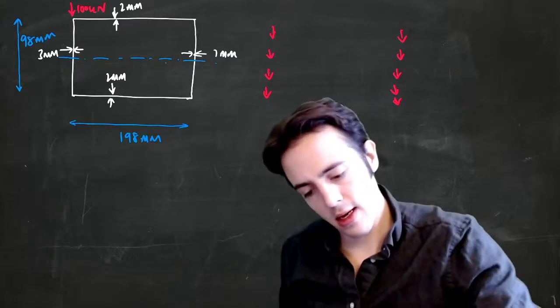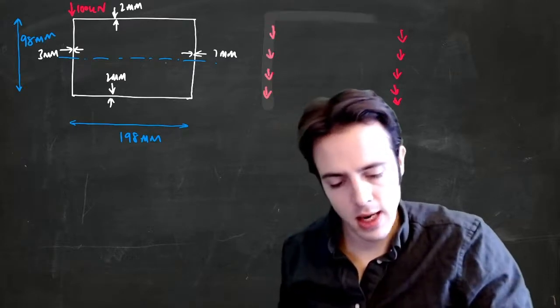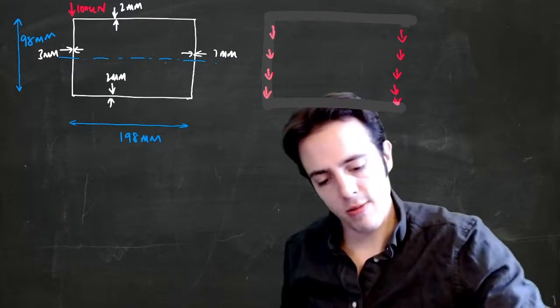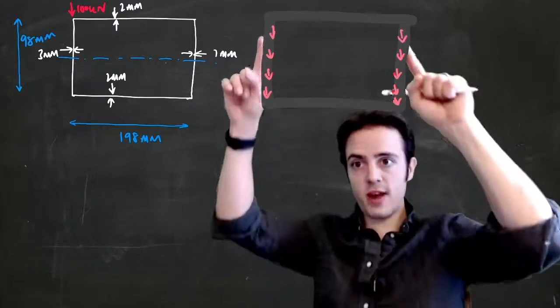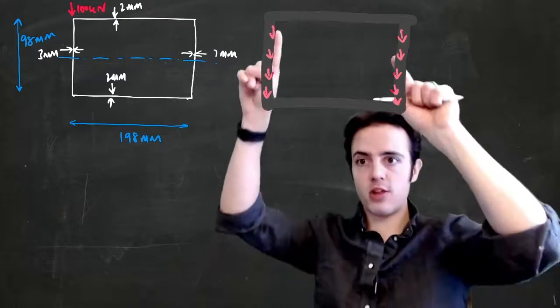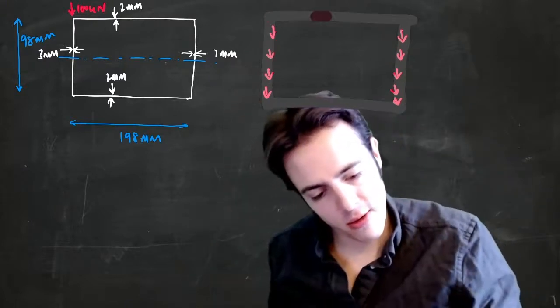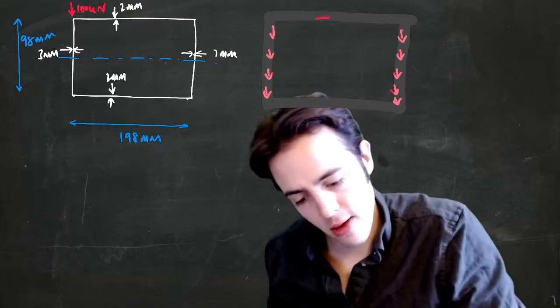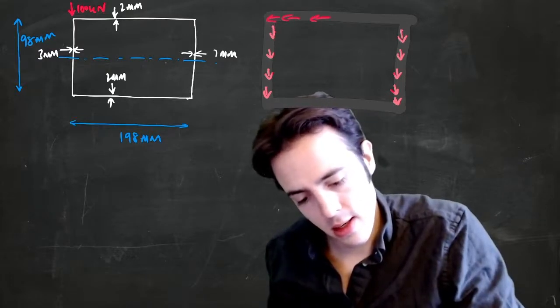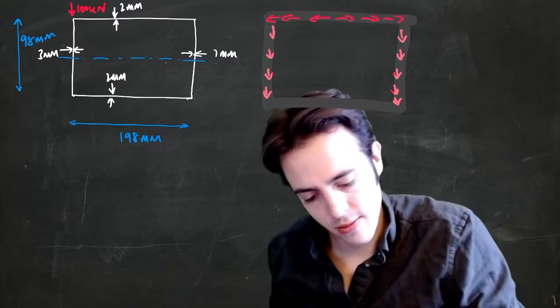Actually, let's just say this is my outline of my section. Those two vertical points are going to have shear flows that go in this direction, and these two are therefore going to have shear flows that, in order to be continuous, must be going in this direction.